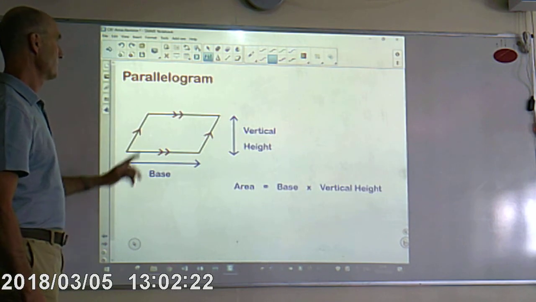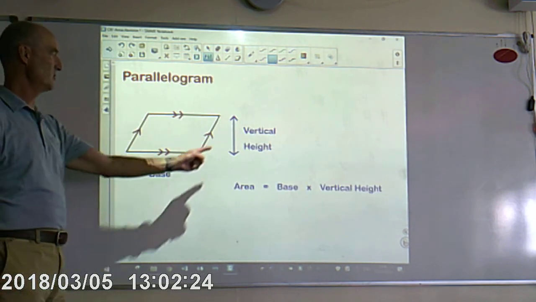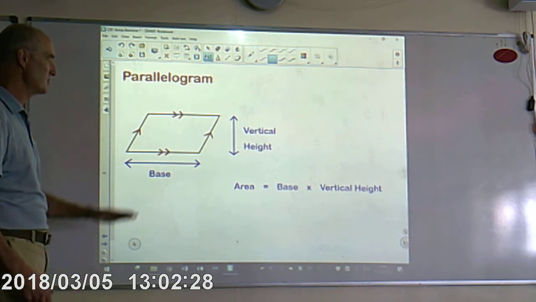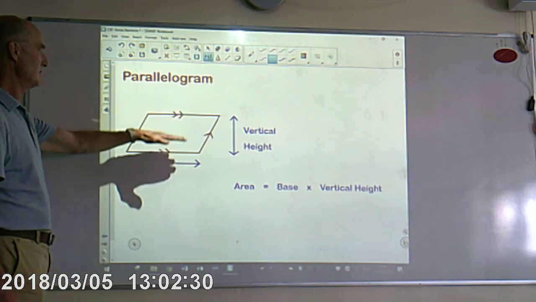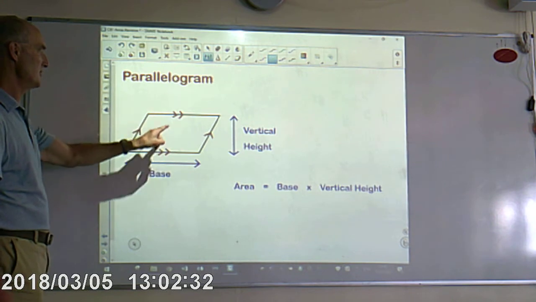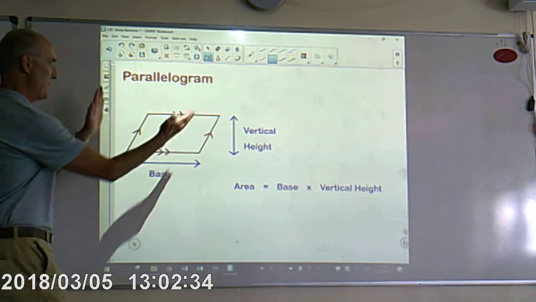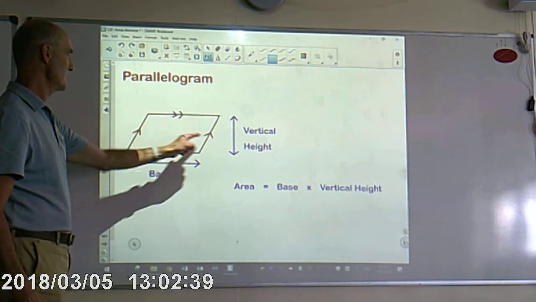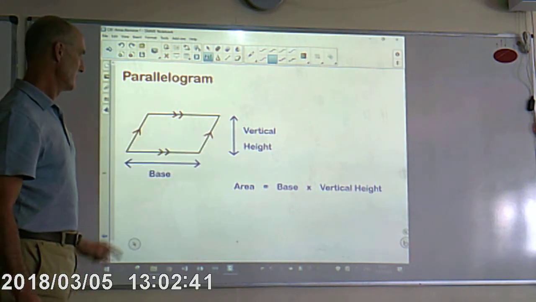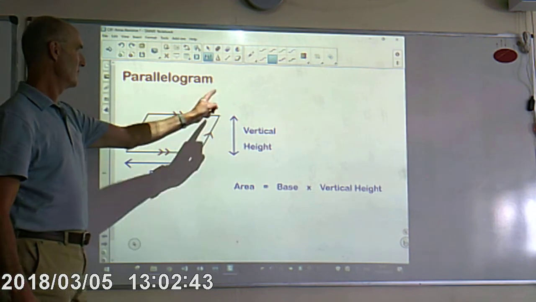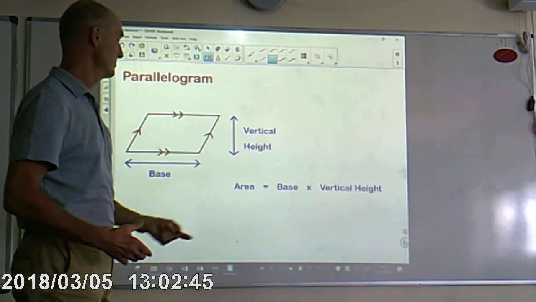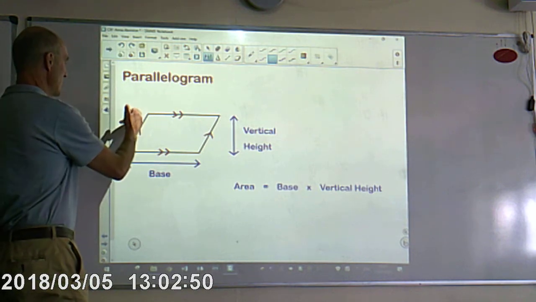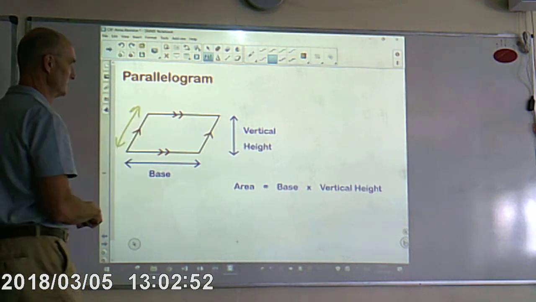Okay, parallelogram. Again, this idea of vertical height comes in. A parallelogram, make sure you understand what that means. A pair of parallel sides there, indicated by those little arrows, and a pair of parallel sides here, indicated by the arrows. Okay? A base length and a vertical height. It's very important that it's a vertical height. Don't get caught when an examiner gives you a sloping height.